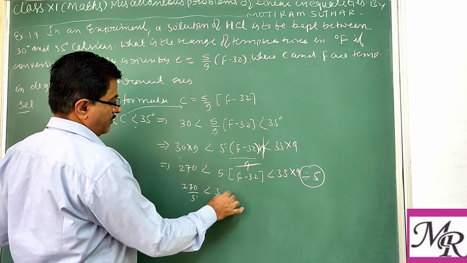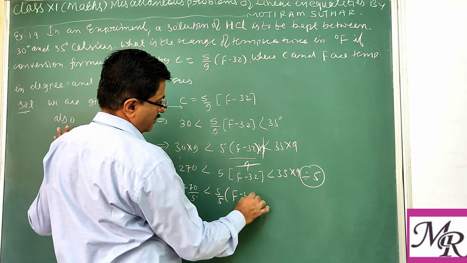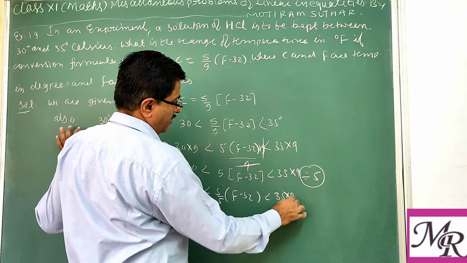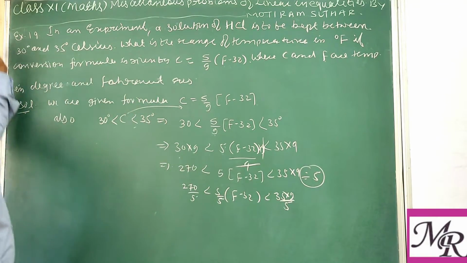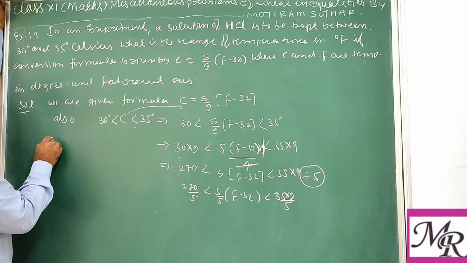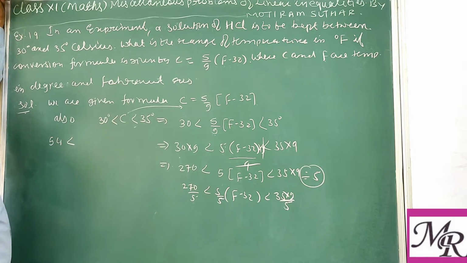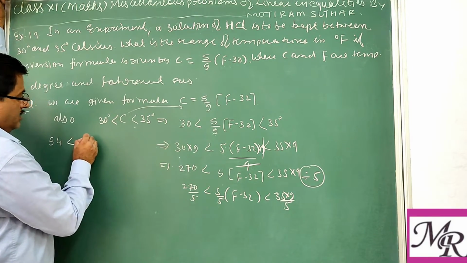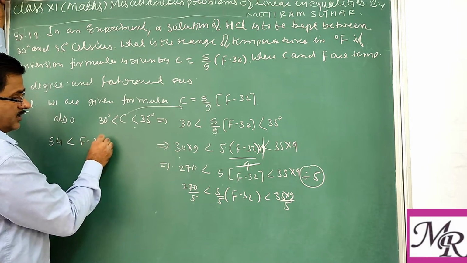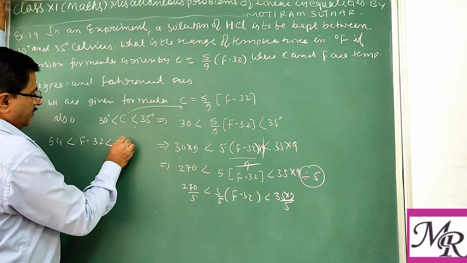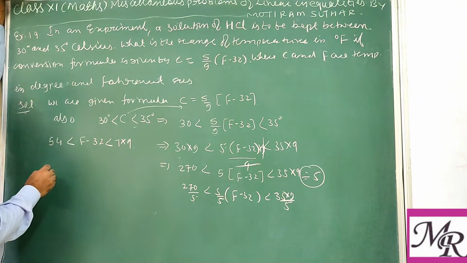5 by 5 and 35 into 9 by 5. So what we get? 5 divides 270, 54. 5 divided by 1, so F minus 32. 35 divided by 7 into 9.